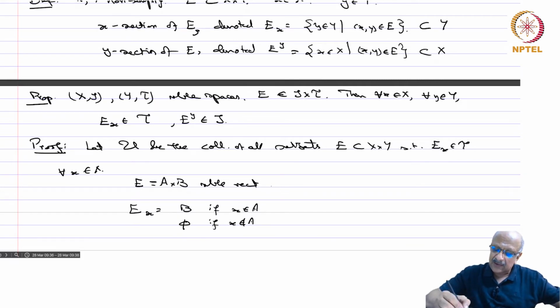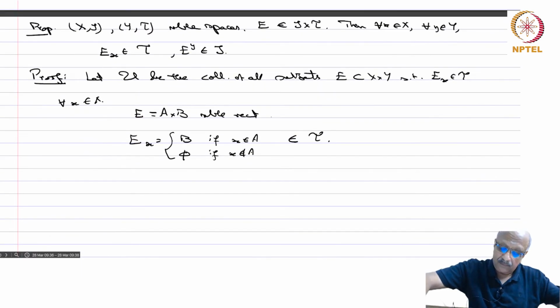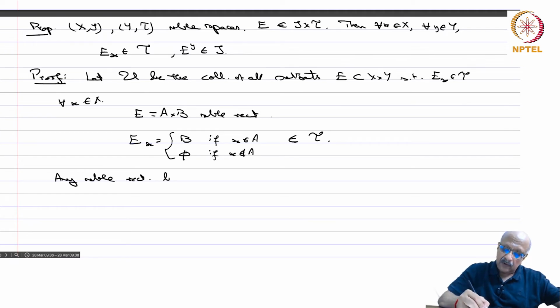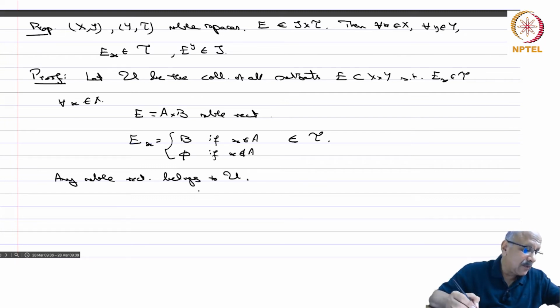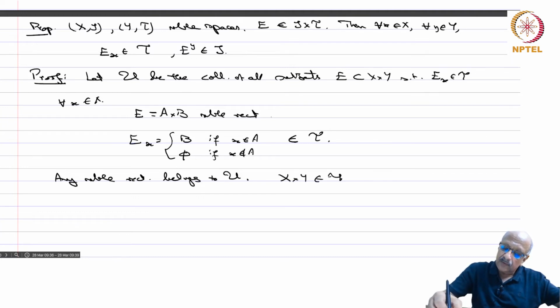Similarly, if x is in A, then any y in B will be in E, and therefore you have E sub x is this, and therefore this of course belongs to T. Therefore any measurable rectangle belongs to U. Now in particular X cross Y itself belongs to U.